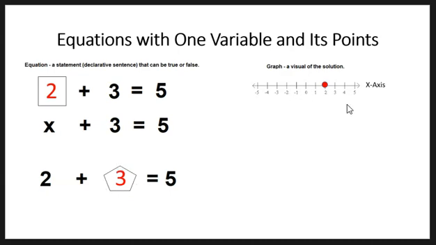So instead of drawing a horizontal number line, I'm going to be drawing a vertical number line. That's just to indicate that the graph that I'm going to make is for the numbers of a different variable, a different shape.